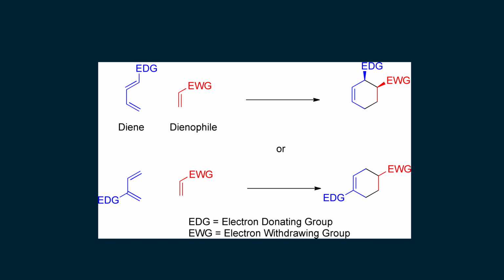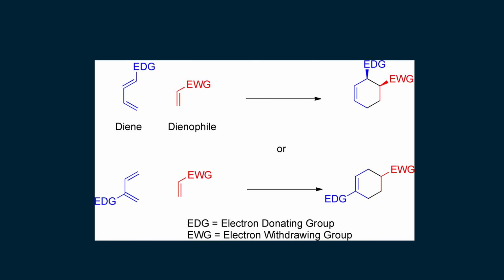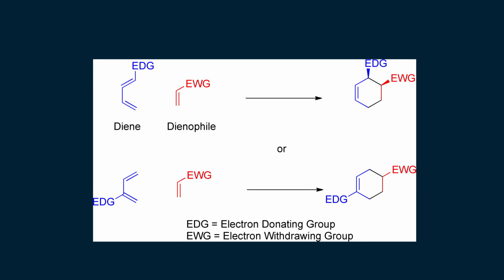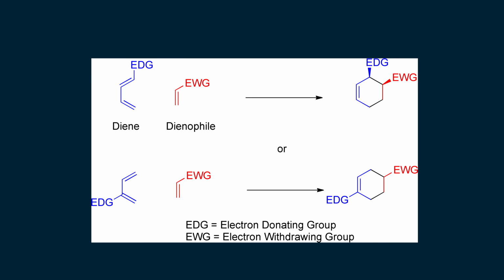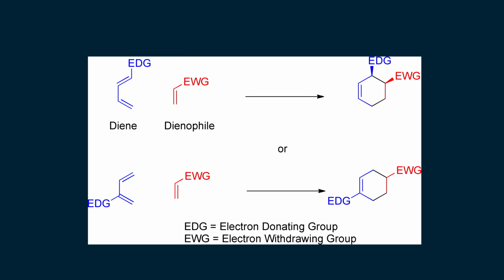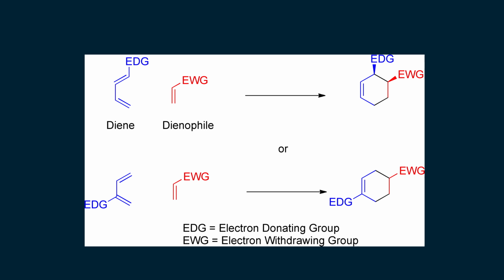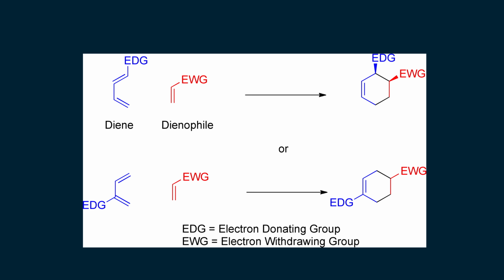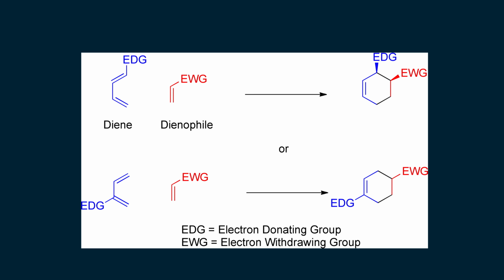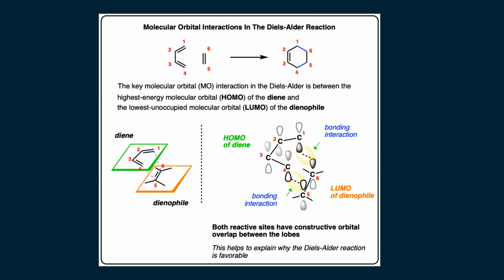The reaction is highly stereospecific, retaining the stereochemistry of the reactants, with the endo product usually favored over the exo. The diene must be in an s-cis conformation to react. It is often accelerated by heat or Lewis acid catalysts. It is used extensively in organic chemistry for synthesis, including pharmaceuticals, agrochemicals, and materials.